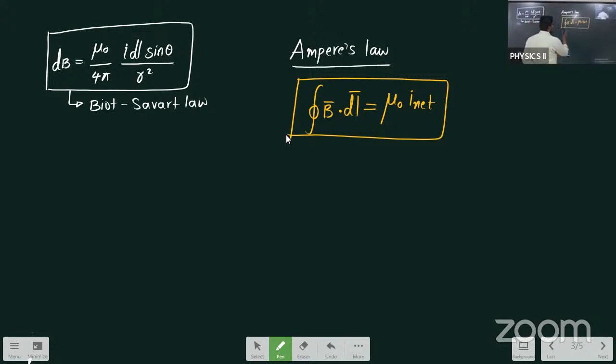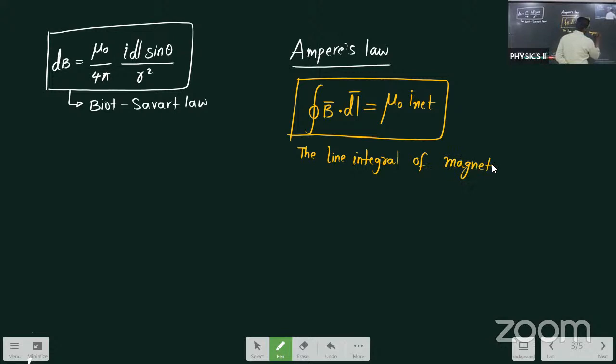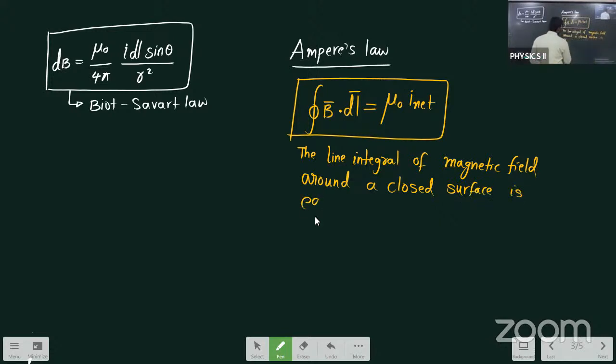And what was the statement for this? The line integral of magnetic field around a closed surface is equal to what?